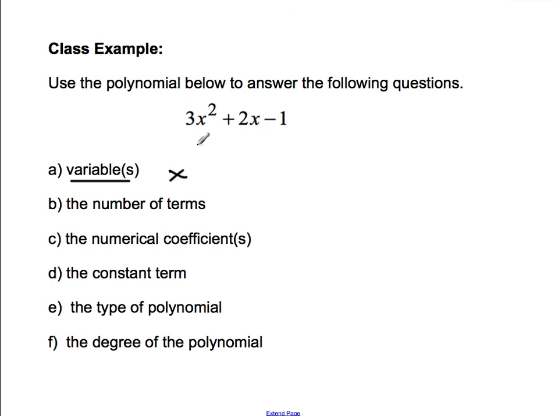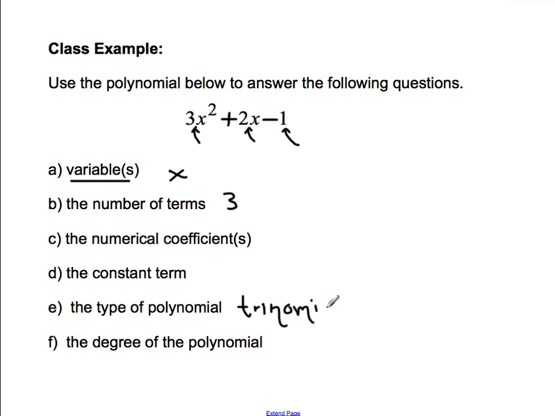The number of terms: here's an addition sign, and here's a subtraction sign. So this is a term, this is a term, and that is a term. Terms are separated by addition and subtraction signs, so there are 3 terms. Because there are 3 terms, it is called a trinomial.